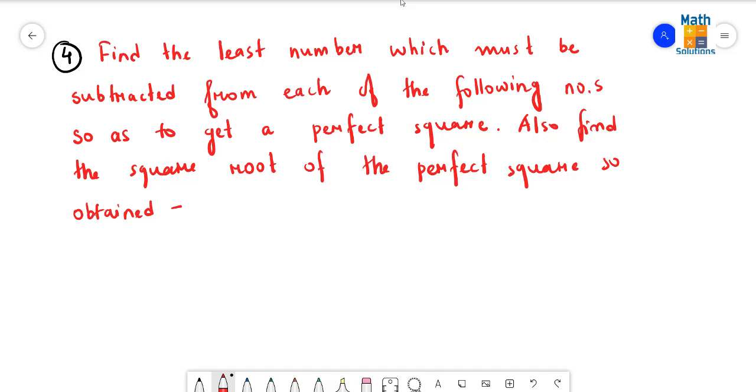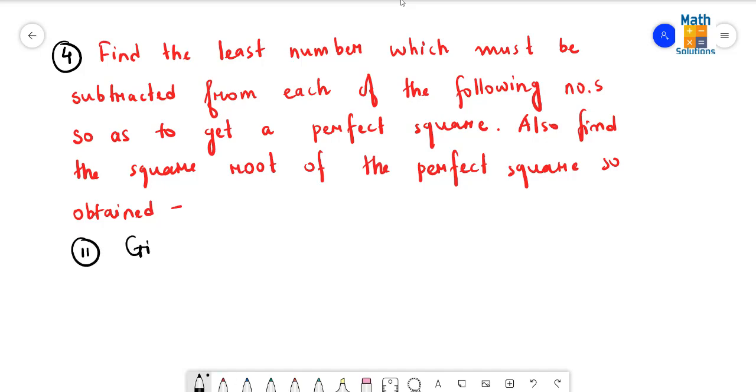Five questions are there under this question number 4. 5 numbers are given. Out of these I am picking up three numbers. So here I proceed with Roman 2. Roman 2 here.